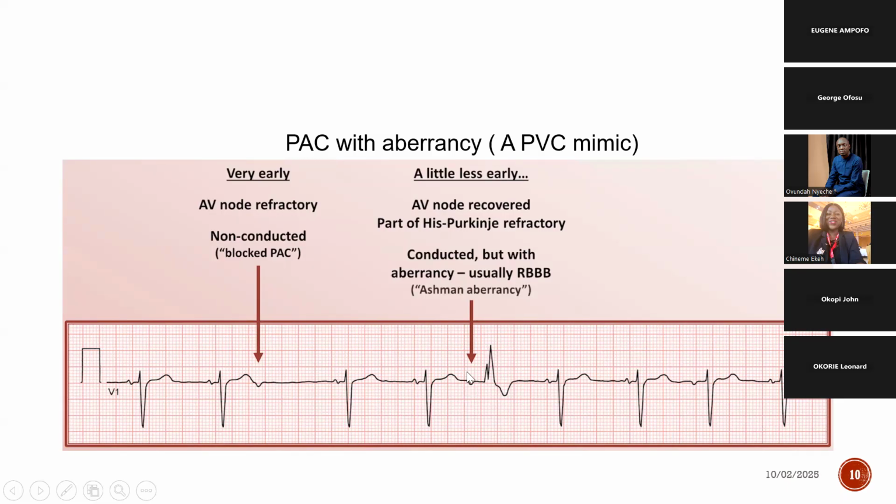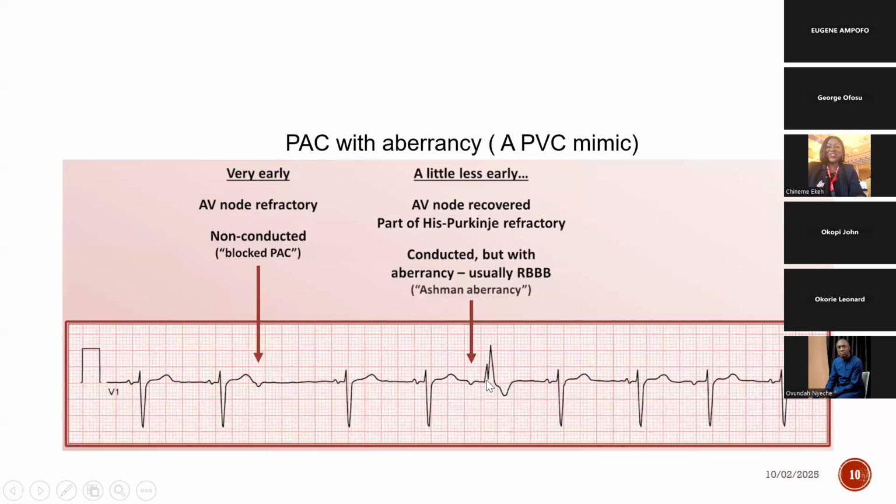And then the second one is actually a PVC with aberrancy, or a PVC mimic. If we look at this, it looks broad, just like we described earlier on. It's in the opposite direction. But what makes the PVC aberrancy?